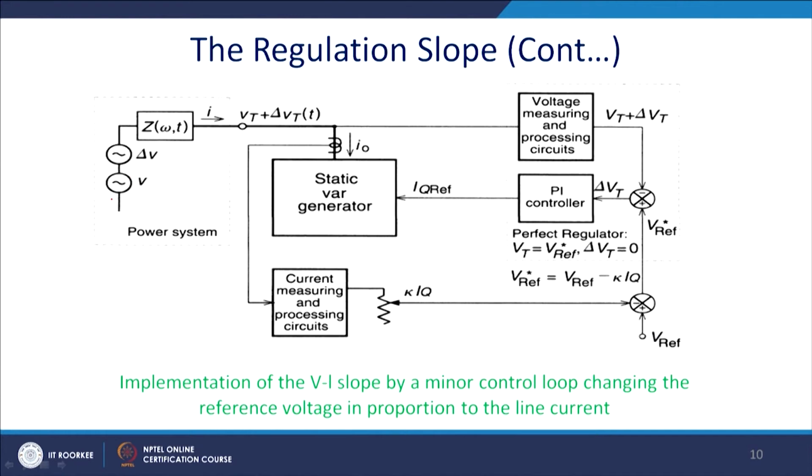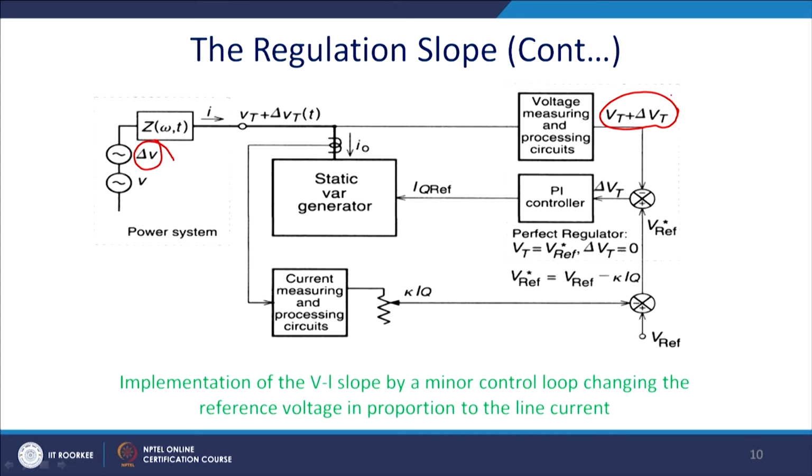Let us assume that in the power system all of a sudden del V comes into the picture. So, you have a swell in voltage, and thus this Vt will be added up and this current will be sensed by the current sensing and processing circuit, and the measured voltage is also added up as Vt plus del Vt.